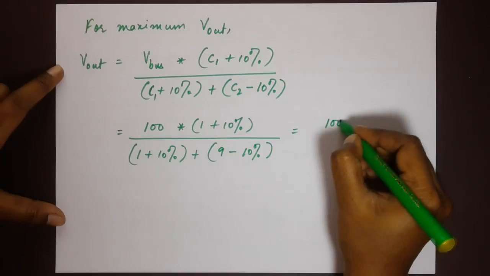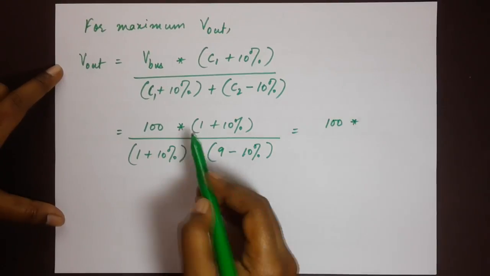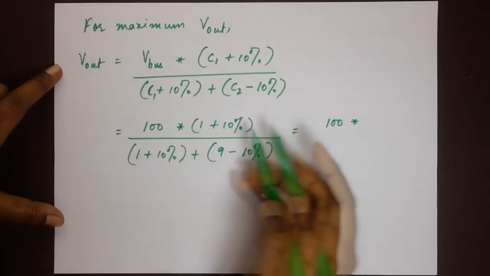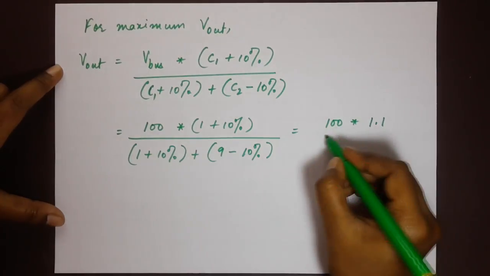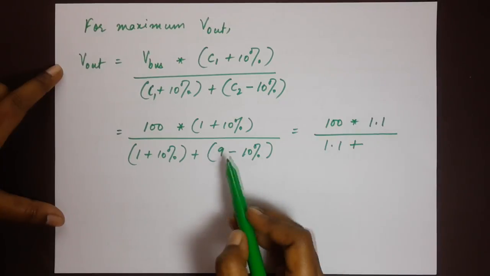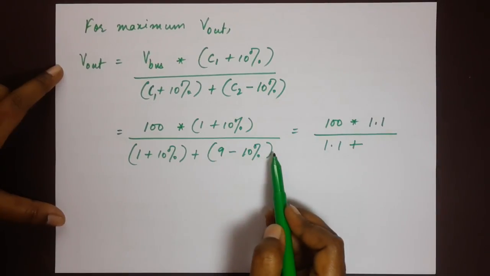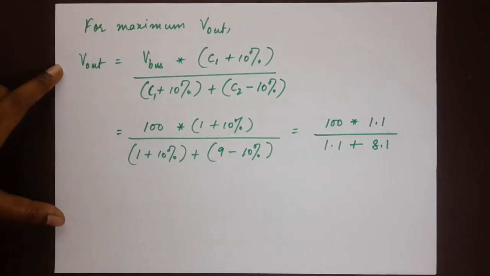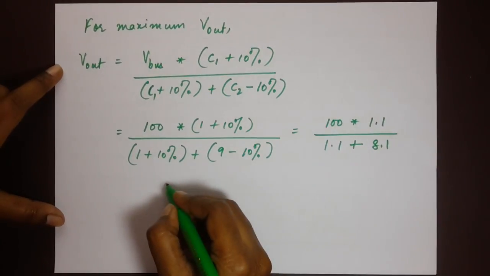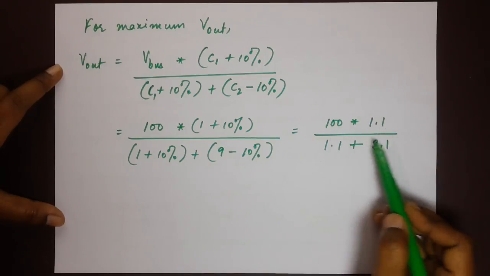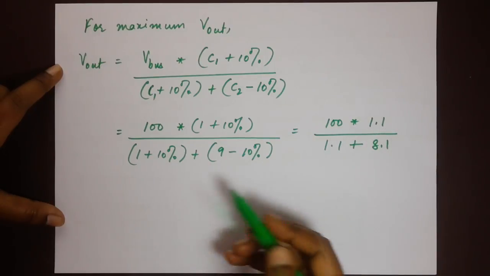That gives us 100 times (1 plus 0.1), which is 1.1, divided by (1.1 plus 9 minus 10% of 9, which is 8.1). So here we have 8.1. And this gives us 100 times 1.1, which is 110, divided by 9.2.